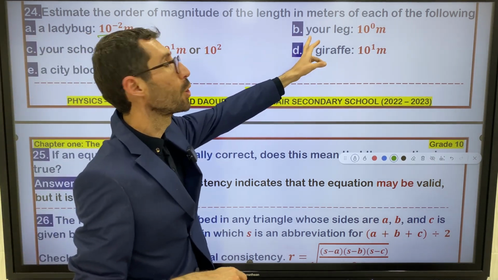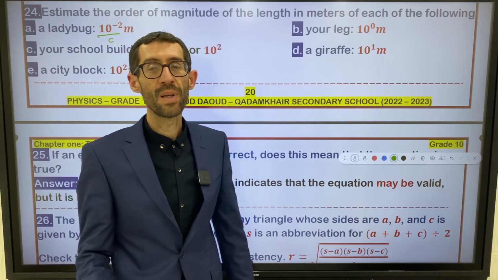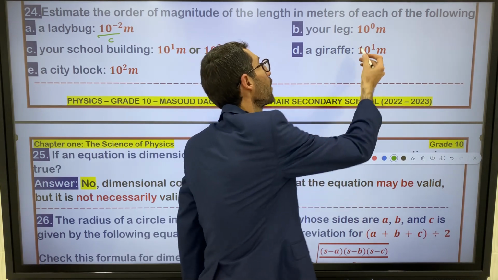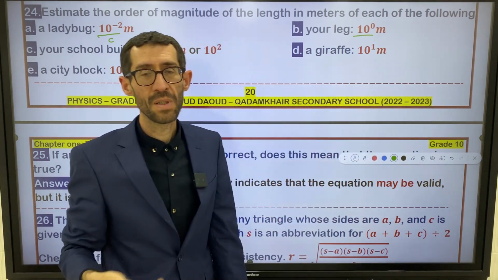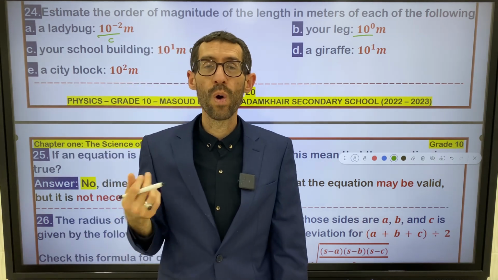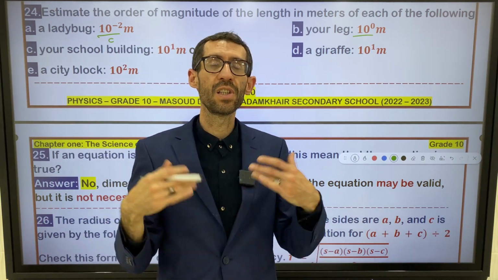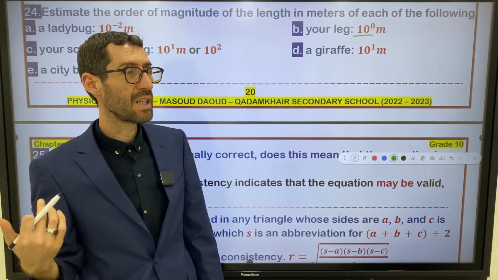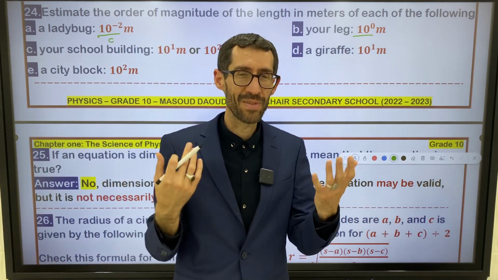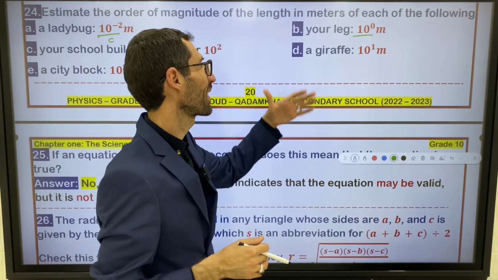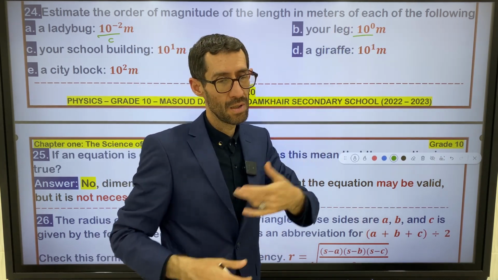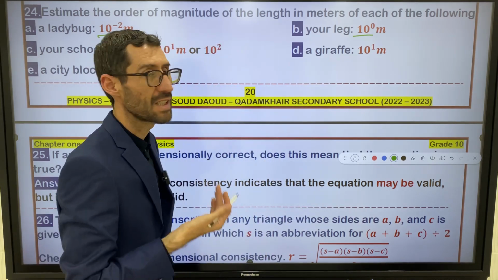Let's move on to B, your leg. A human leg is measured in 10 to the power what? 10 to the power 0 means 1. Maybe the leg of a person is 1 meter, or if the person is very tall, it reaches, for example, 1.5 meters, especially basketball players. So 10 to the power 0 meters means 1 meter, and it's reasonable.